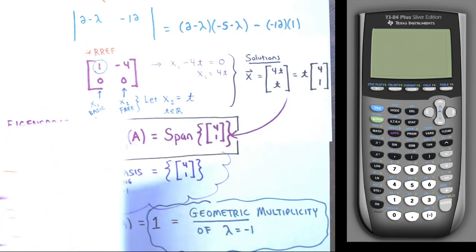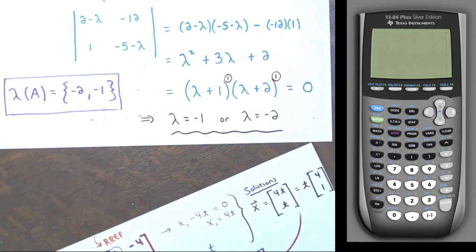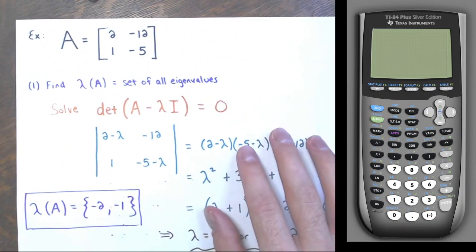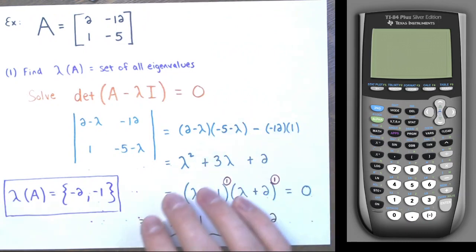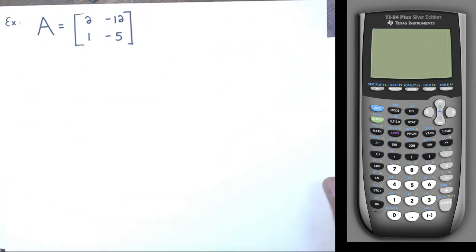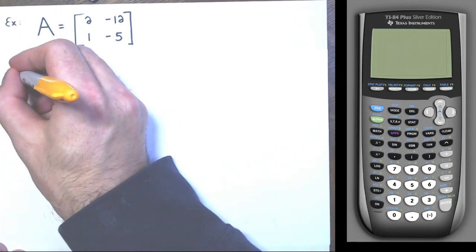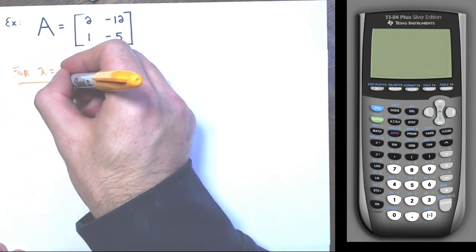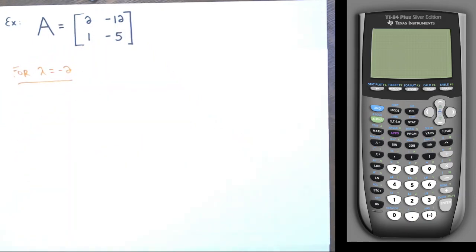Let's do the same thing for -2. All right. So for lambda equals -2, here's matrix A again, way back up here. So again, I know the algebraic multiplicity is 1.